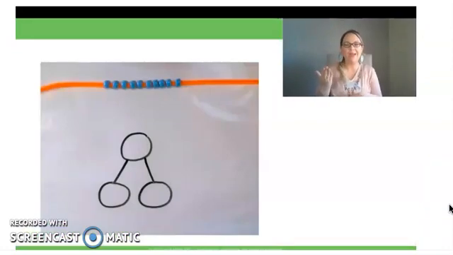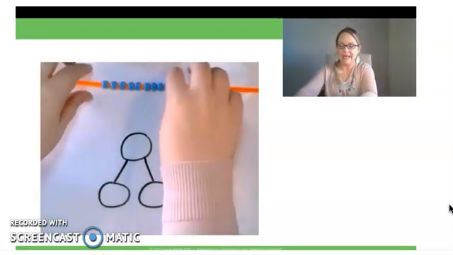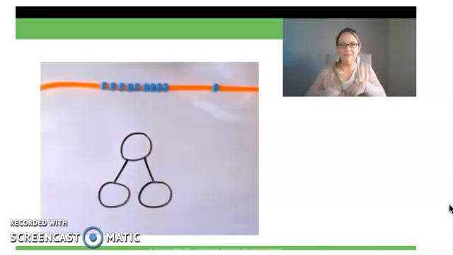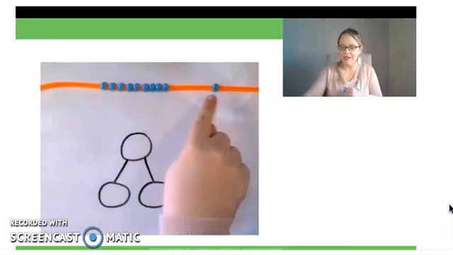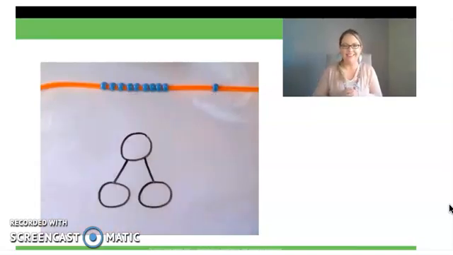Now using a whiteboard and a dry erase marker or a piece of paper and a writing utensil, I want you to draw your own number bond, just like I have right here. So push pause, and once you have your number bond created, push play and we'll continue. Go ahead and slide one of your linking cubes away from the other cubes, just like I slid one bead away from the others.